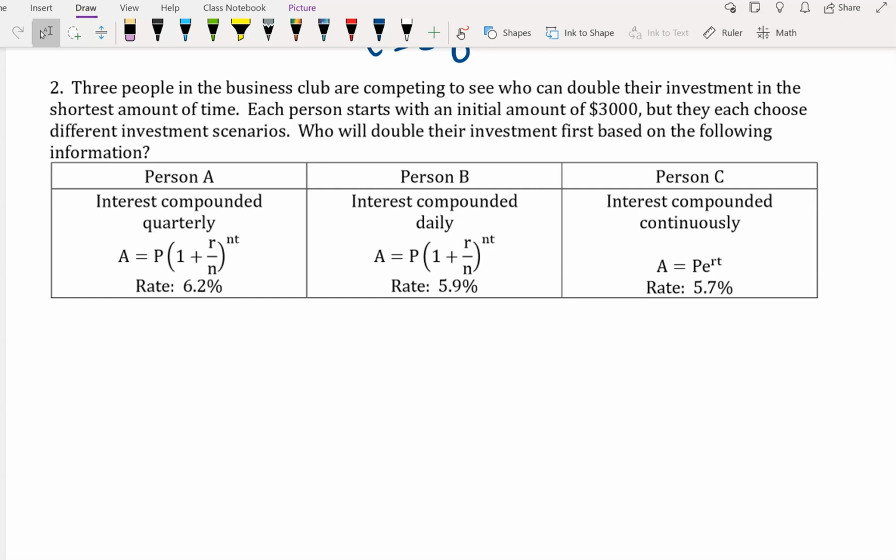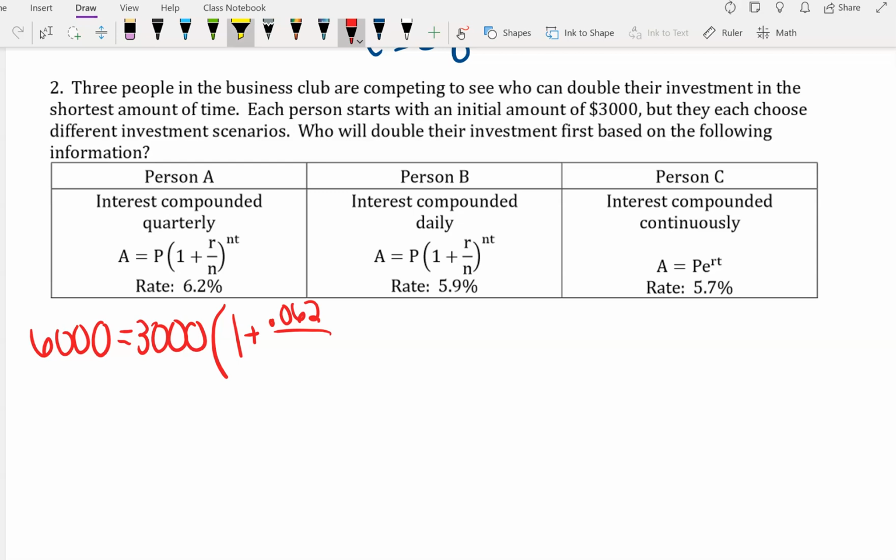All right, so we are starting with 3,000 and we're trying to see how long it takes to double. So in this first scenario, starting with 3,000, that's our principal value. The amount we want it to be is 6,000. Then it'll be 1 plus, in this case the rate is 6.2%, so move the decimal over 2, that'll be 0.062, over n, which stands for the number of times per year that it's compounded.